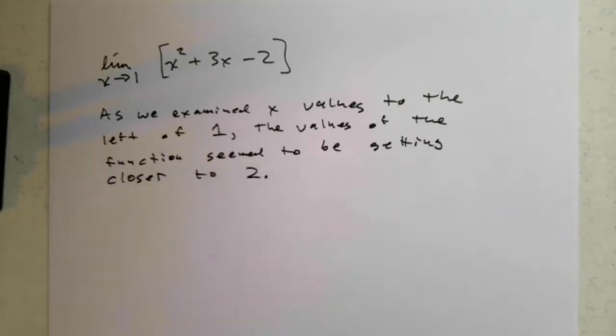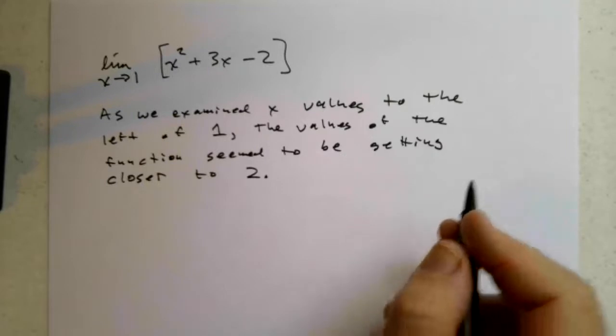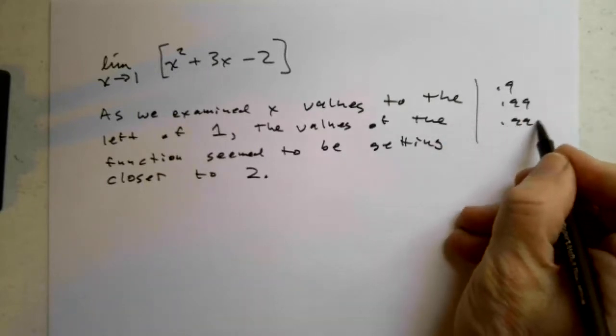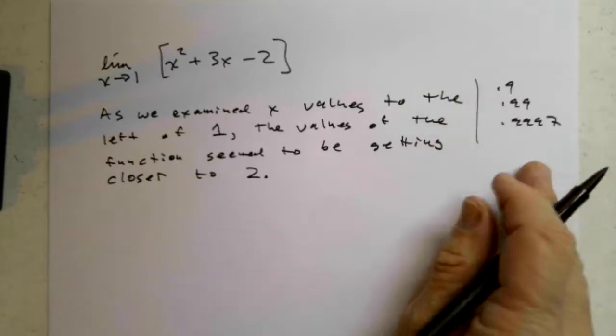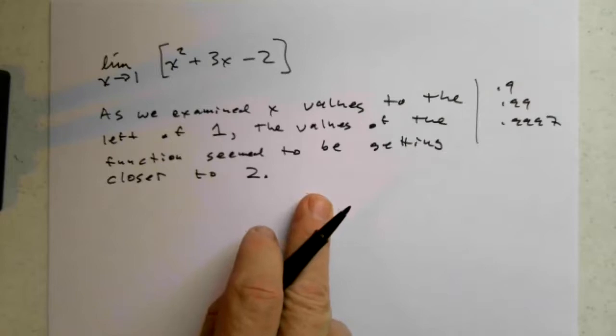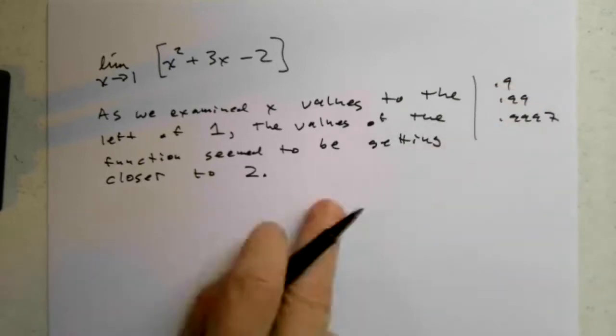So what is the notation that we say for that? Again, the numbers to the left of 1 were things like 0.9, 0.99, 0.99997, whatever. Numbers to the left of 1, but getting closer and closer to 1. And the values of the function we had, 1.995, 1.999985, they seem to be getting closer and closer to 2.